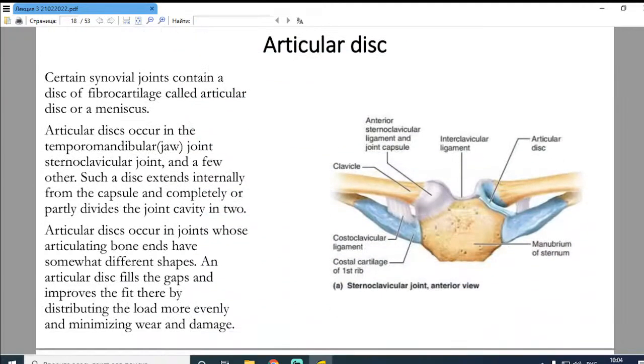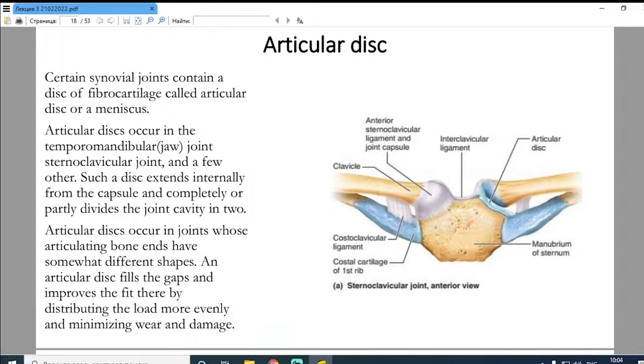Next, the articular disc. Certain synovial joints contain a disc of fibrocartilage called an articular disc or meniscus.